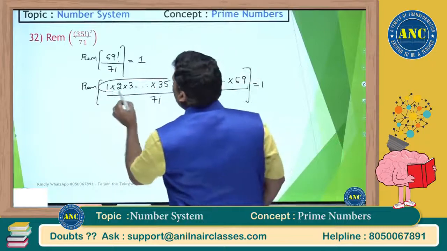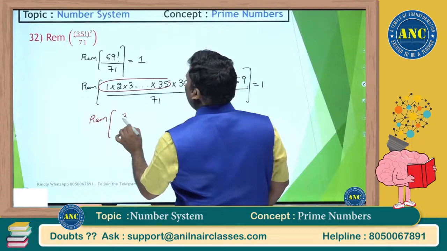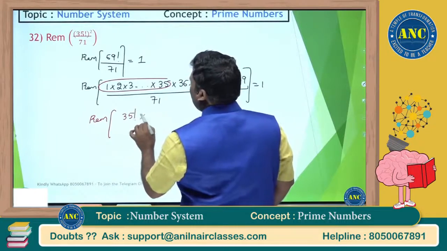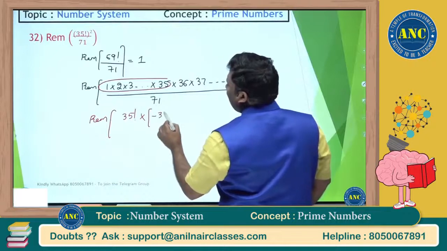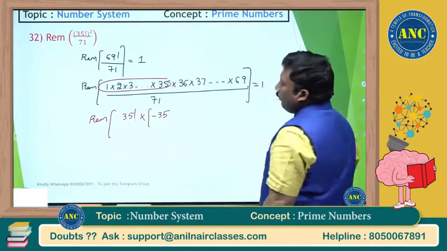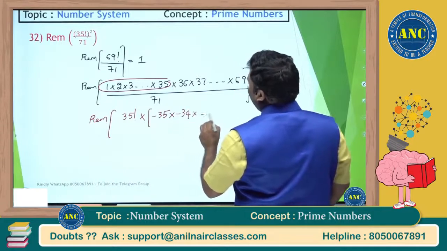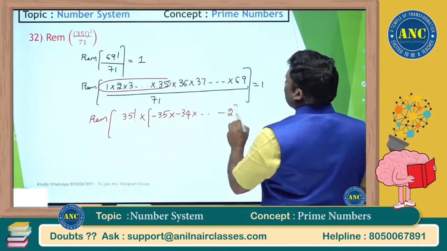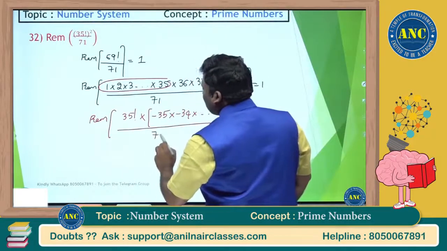1 into 2 into 3 till 35, product of all the natural numbers from 1 to 35, is 35 factorial. Then 36 by 71: 71 ones are 71 minus 35. Next one it is minus 34. Up to 71 ones are 71 minus 2, divided by 71.